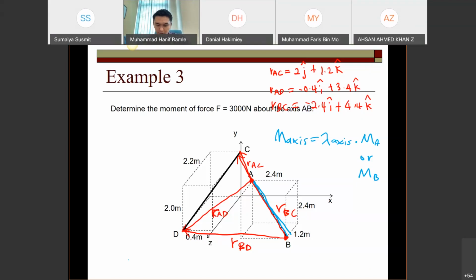Wait, give me 1 second. I think the problem is the internet. Let me solve this problem. Okay. Macam mana nak buat ni? Okay, give me 1 second. Still not there. Let me check the internet connection.